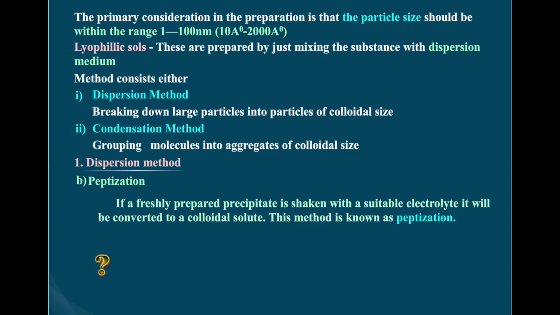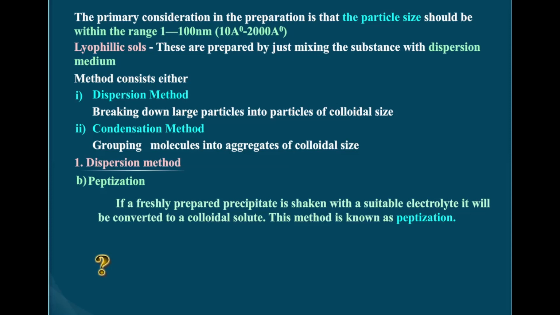Once again, peptization is defined as a process of converting a precipitate, which is a bigger particle, into a colloidal sol. How is it done? By shaking it with a dispersion medium in presence of a small amount of electrolyte. The electrolyte used for this purpose is known as the peptizing agent. This method is applied generally to convert a freshly prepared precipitate into a colloidal sol.